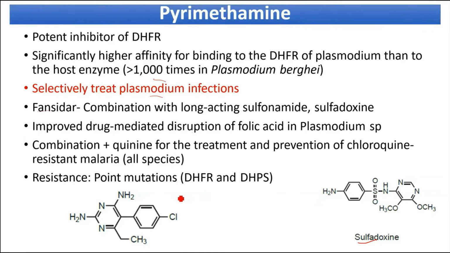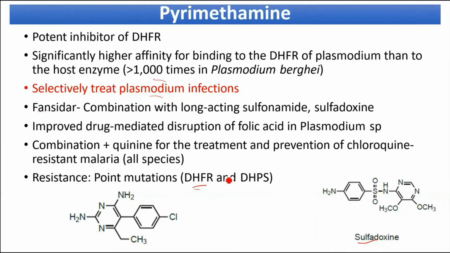So when I say point mutation, for now just remember your gene which is preparing this protein, in that gene a mutation has taken place and now this DHFR has changed. Since the DHFR has changed, the drug is no more able to bind DHFR and therefore there is loss of activity.